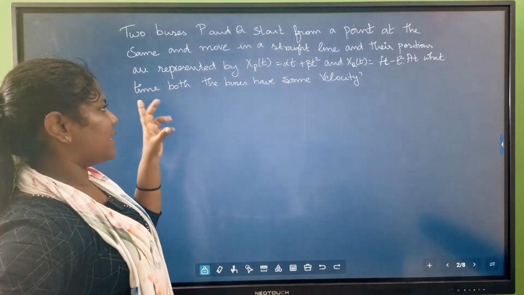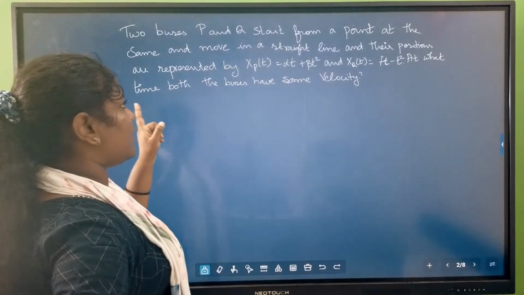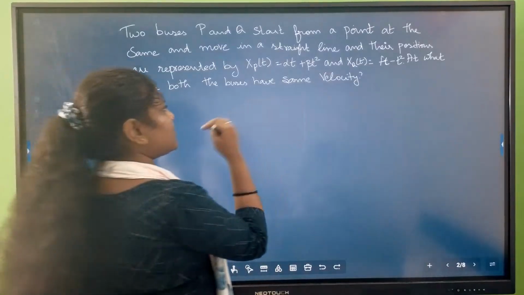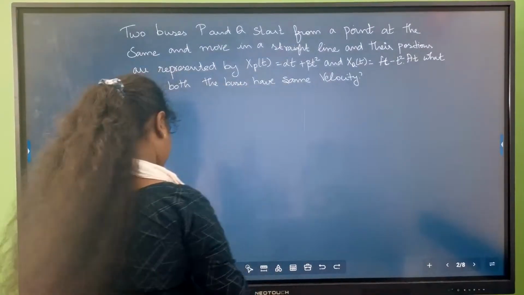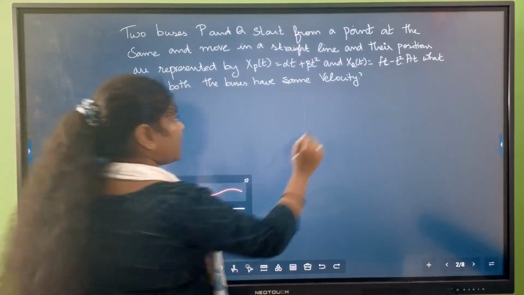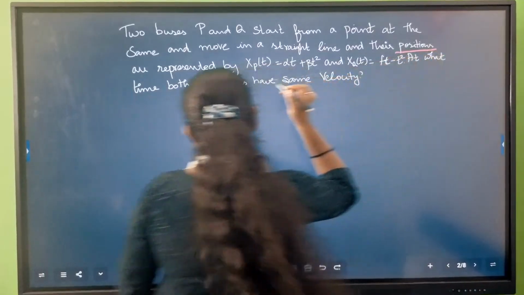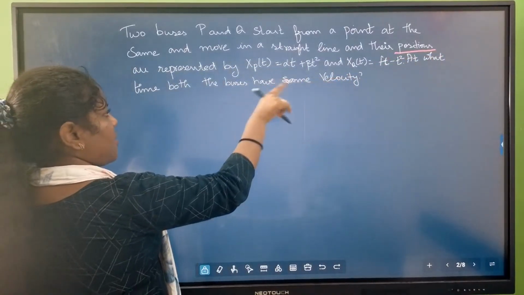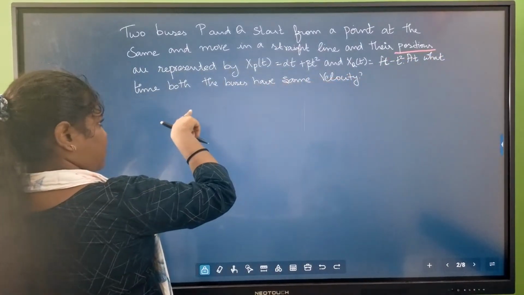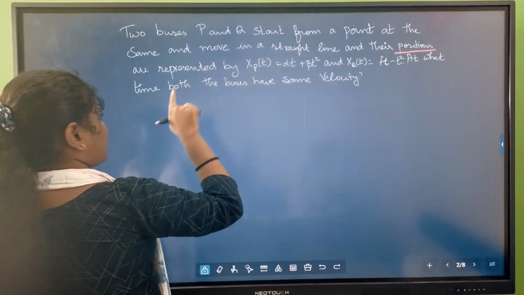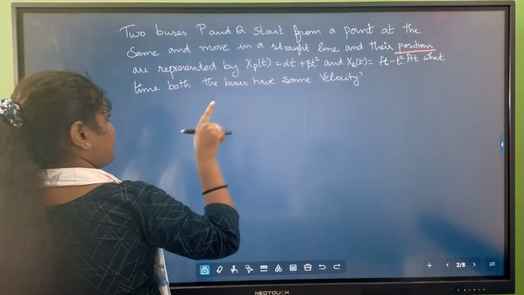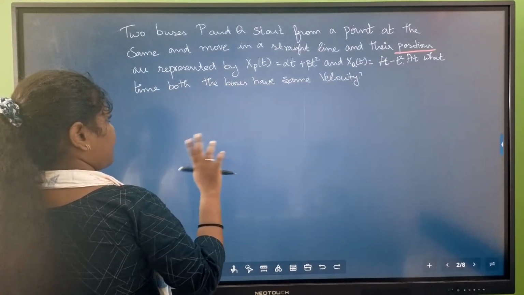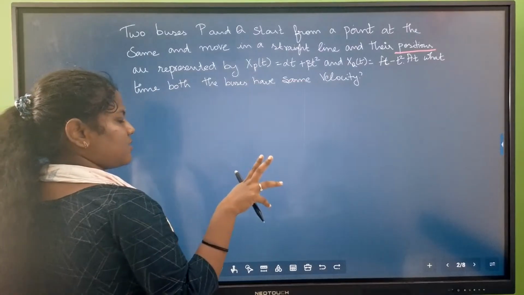So they are starting from the same point in a straight line. Since we are discussing straight line, what is the information they have given? They have given position. Okay, this is your position. We have to find at what time both the buses have the same velocity. So the velocity should be equal.